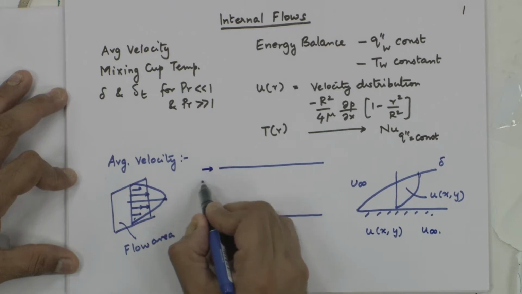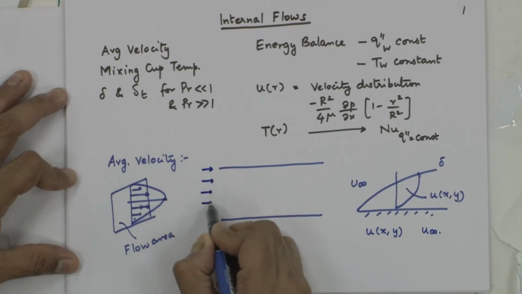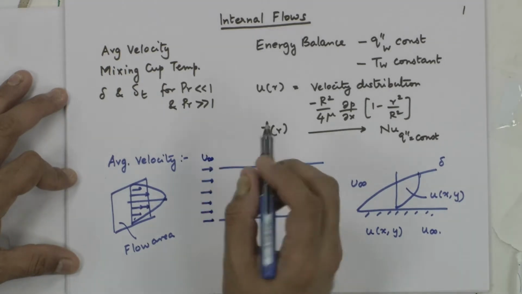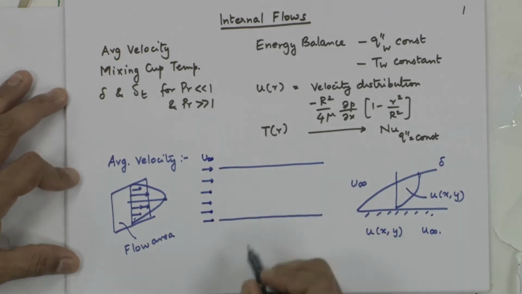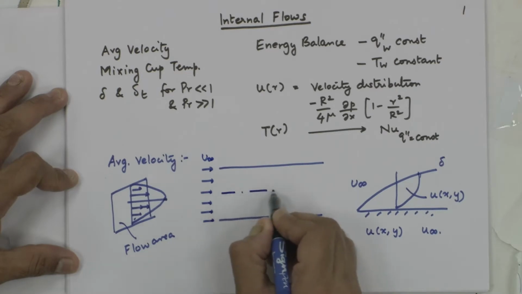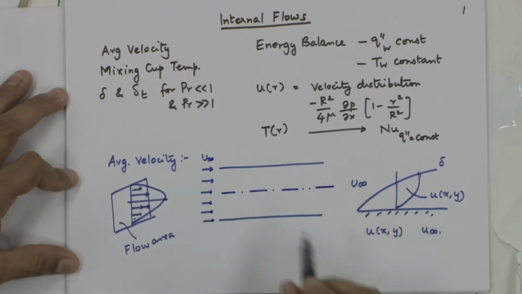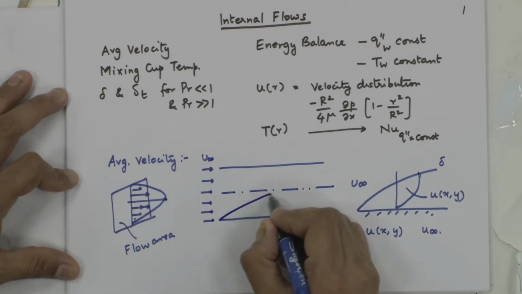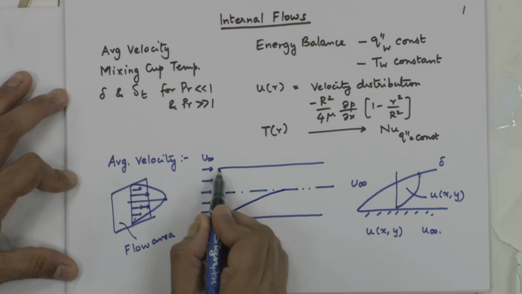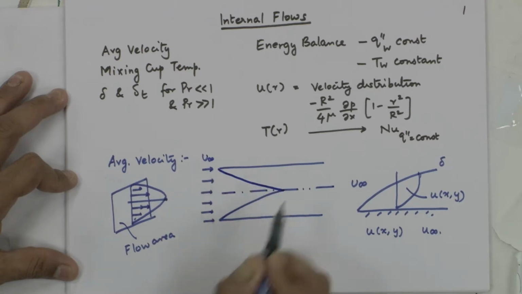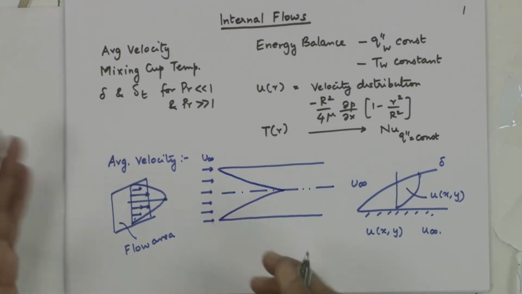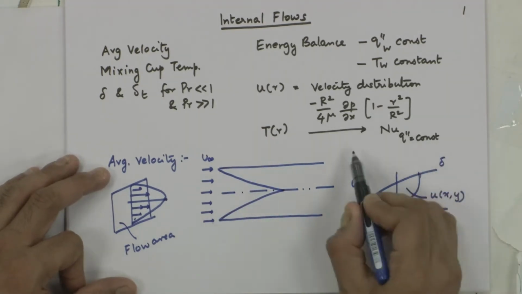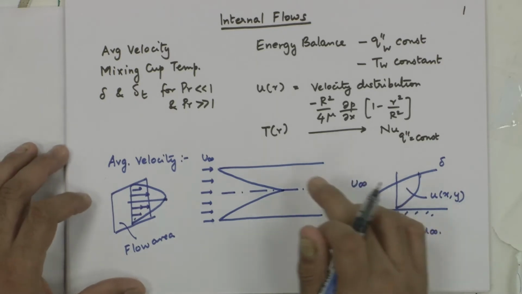Here in internal flow, if you are talking of say a circular pipe, or even flow through parallel plates, what is going to happen is the following. You would have a boundary layer developing all around the circumference of the pipe, because unlike external flow, you have another boundary, another solid surface, over which the boundary layer develops.